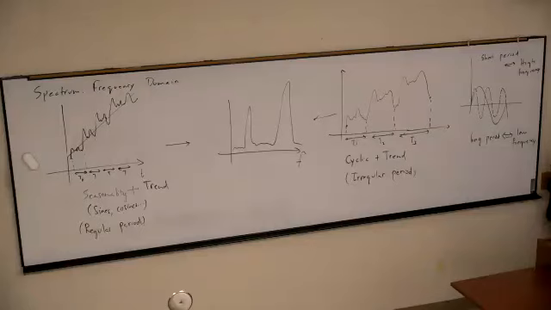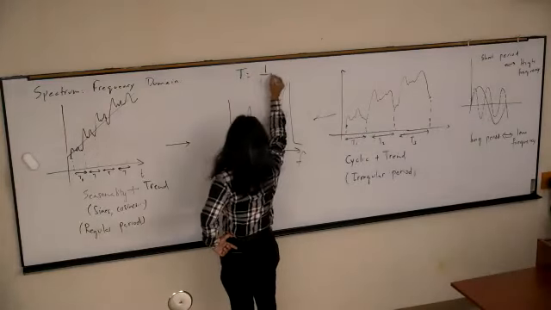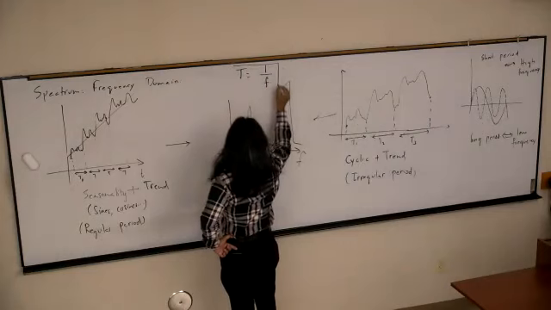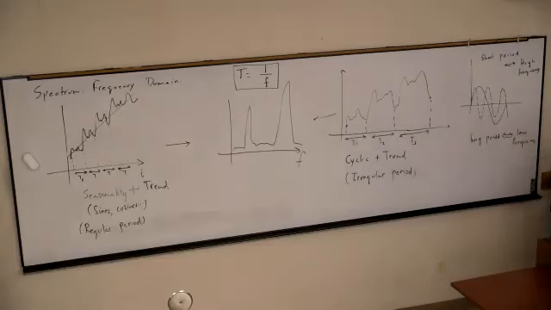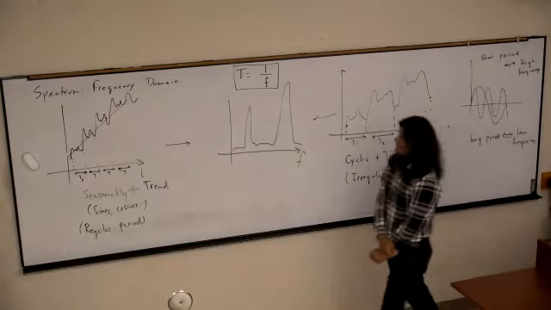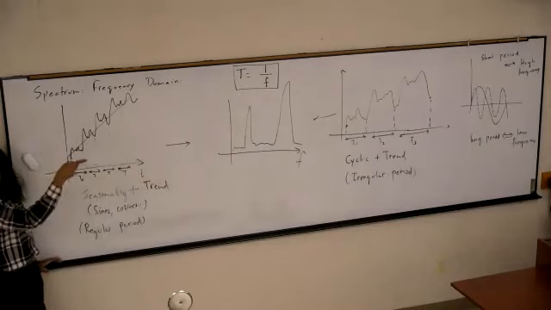The relationship between F and T. 1/frequency. Very good. Time would be 1/frequency, and frequency is 1/time. Good. I want to be clear with this part because I'm going to make a connection soon. Okay. So don't forget that.